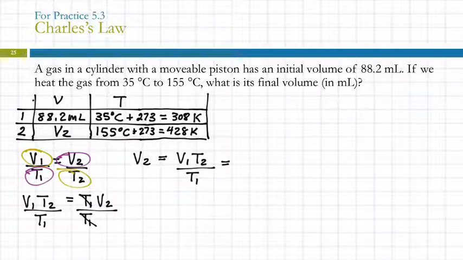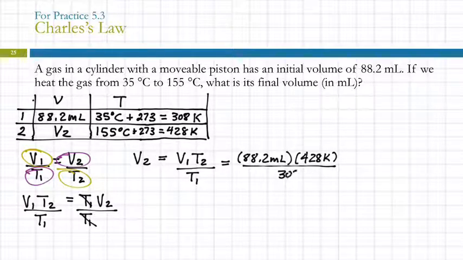So now I'm going to take volume 1, 88.2 milliliters. Always write the units in here. I'm going to take temperature 2, 428 Kelvin, and then I'm going to divide by temperature 1, 308 Kelvin.